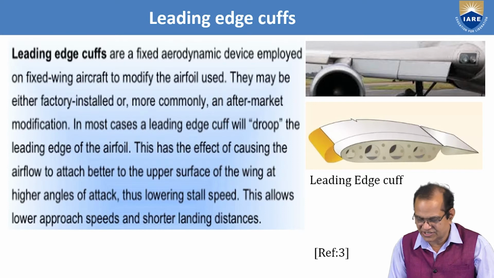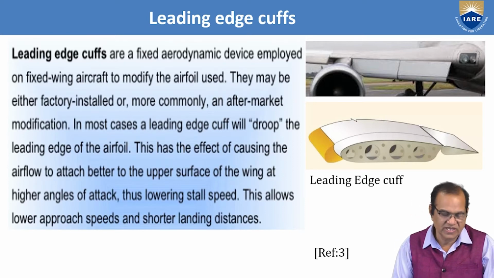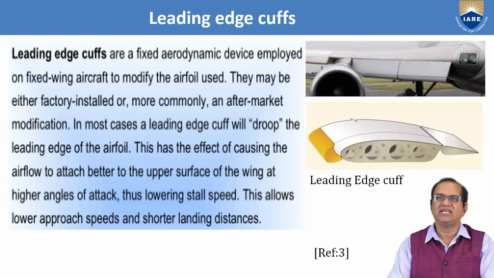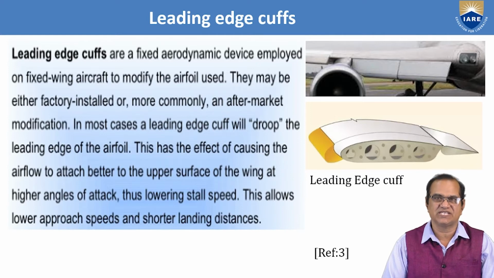Next is the leading edge cuff. Leading edge cuffs are fixed aerodynamic devices employed on fixed wing aircraft to modify the airfoil used. They can be either factory installed or, more commonly, an aftermarket modification.